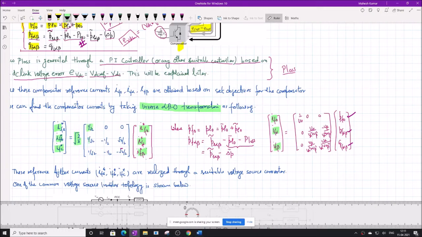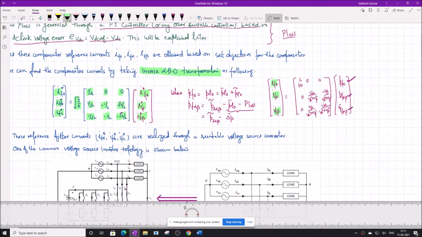So 1 by root 2, 1 by root 2, 1 by root 2 comes as the first column, then the second column, and root 3 by 2, minus root 3 by 2 in the third column. Earlier there were rows, now they are columns because, by the property of the inverse, it becomes the transpose. We have already proved that the inverse of the alpha beta 0 transformation is equal to the transpose of the alpha beta 0 matrix. So the same thing is happening here. And once we know these IF0, IF alpha, IF beta, our job is done.